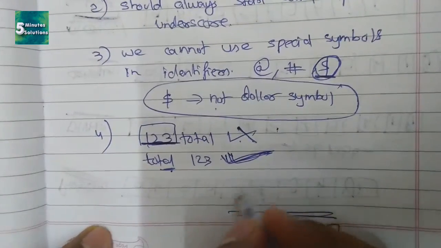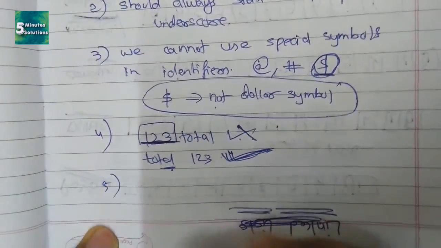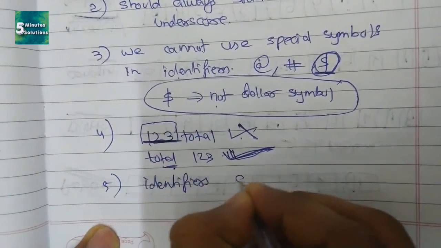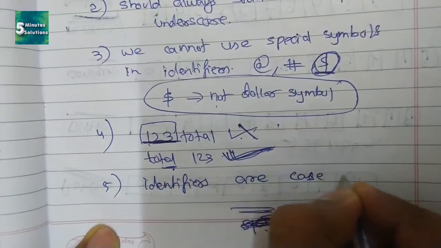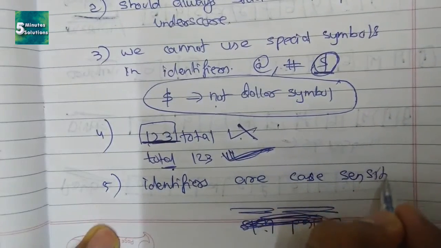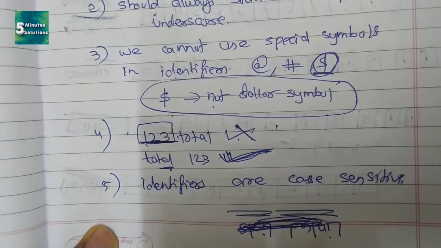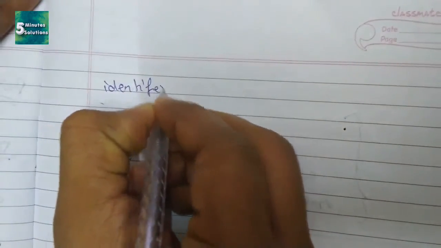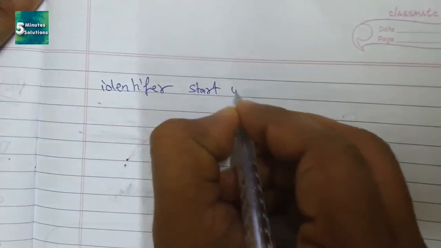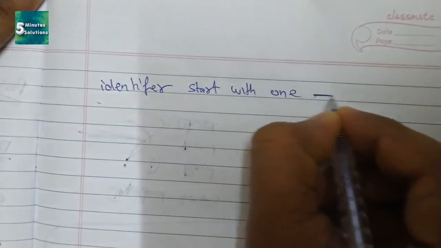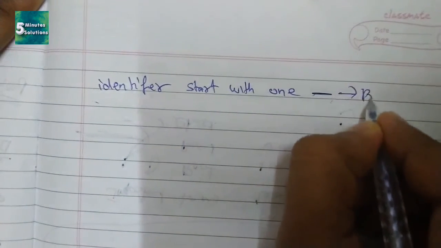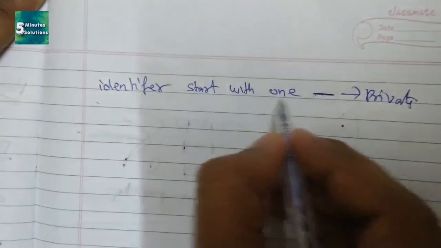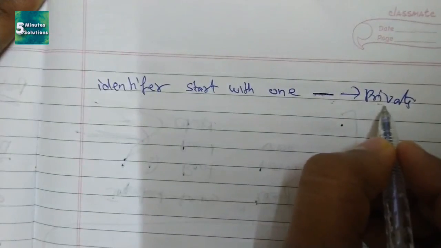Now, fifth one, identifiers are case sensitive. Normally, if an identifier starts with one underscore, that means it is private.